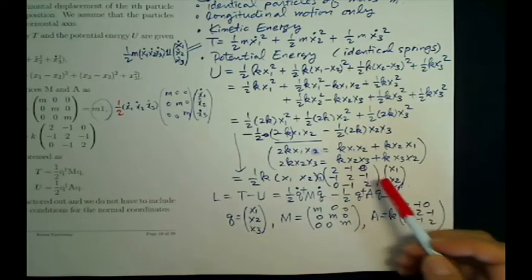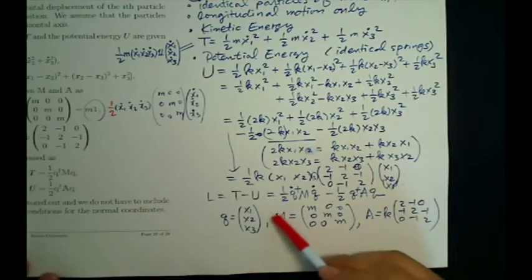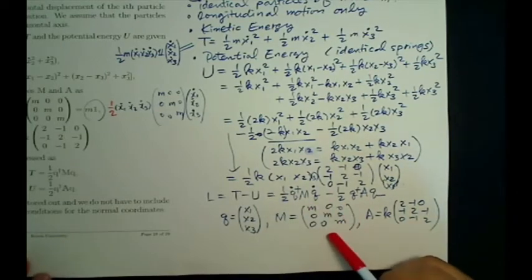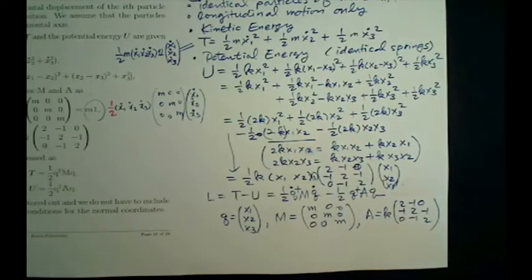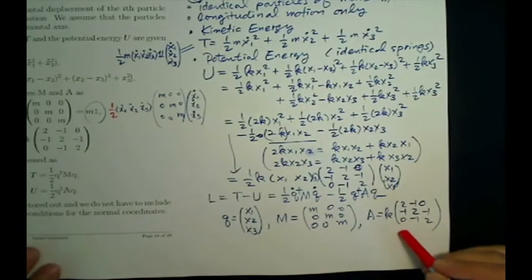Therefore, we have determined the potential energy tensor and mass matrix for this triply coupled oscillator. Just like what we have done until now, the mass matrix and potential energy tensor are real and symmetric.